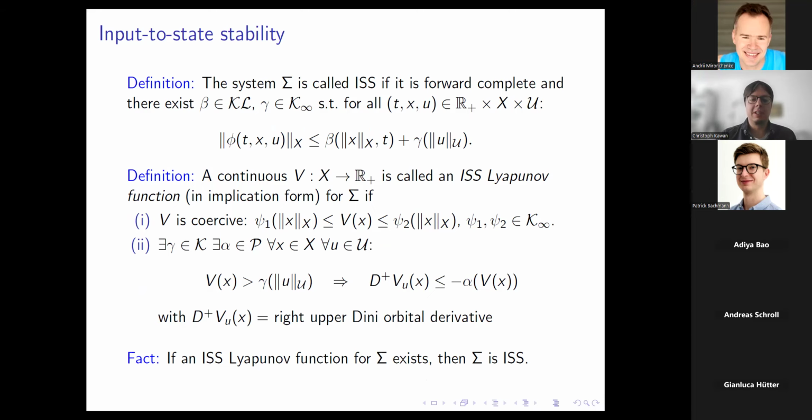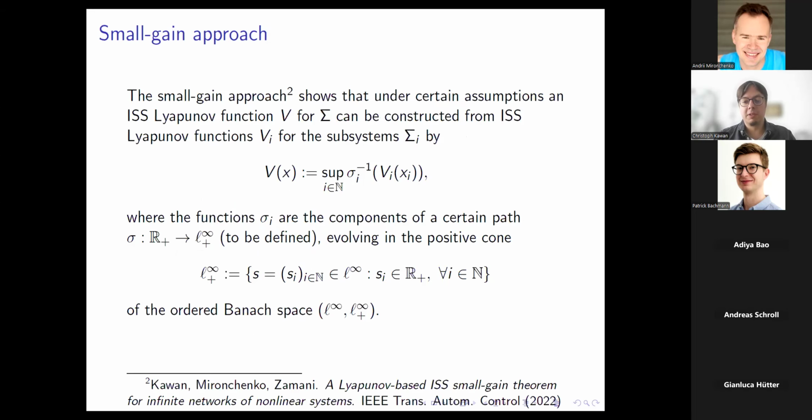I just need this. So the idea is now if we want to prove that the network is ISS, we can do it by construction of a Lyapunov function, right? And there is a small gain approach to this that has been developed already in the paper that you can see here in the footnote from 2022, together with Andrei and Masoud Zamani.